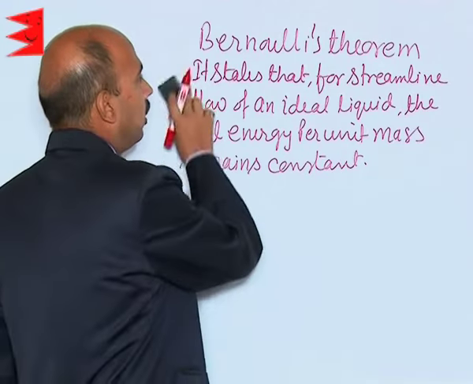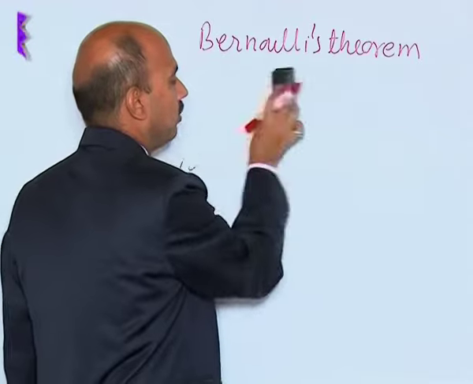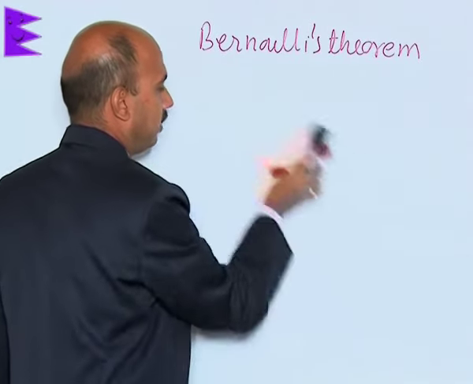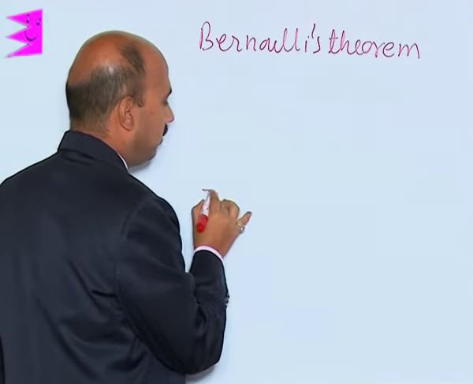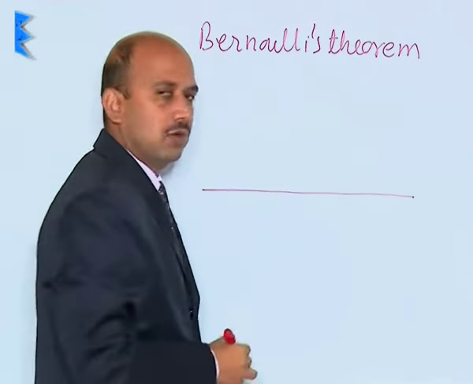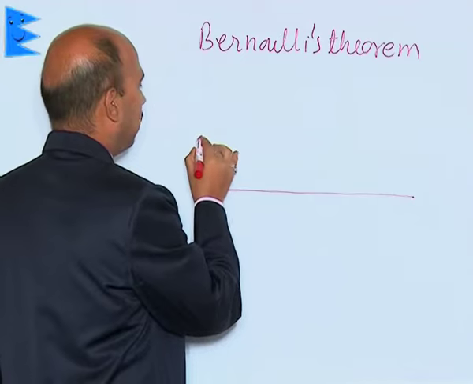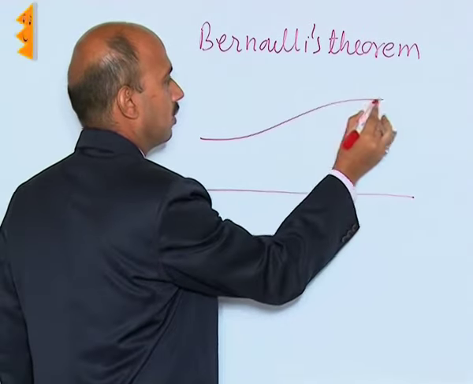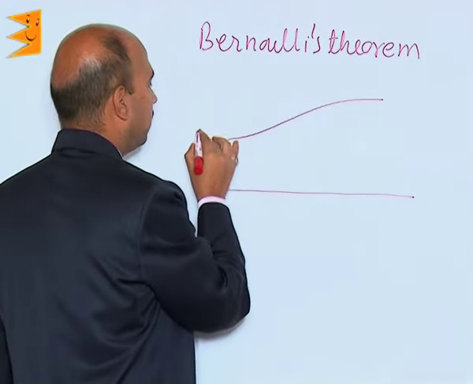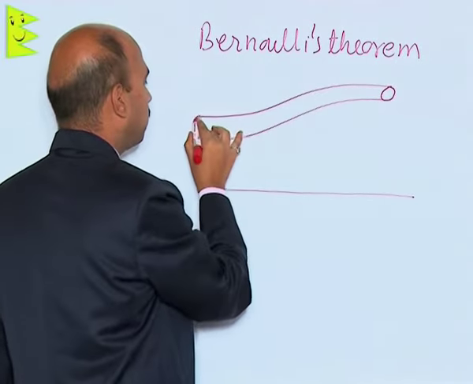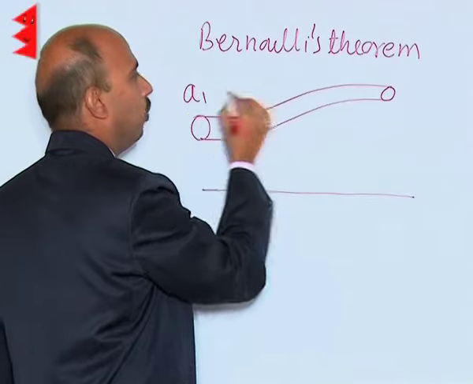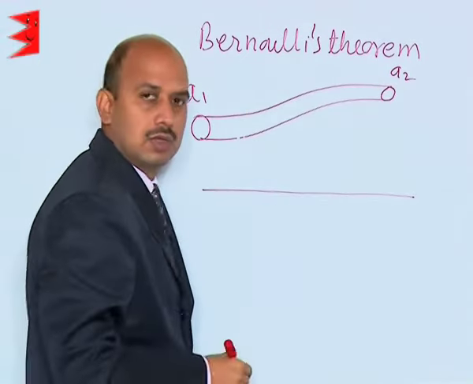Now see here, how do we prove this Bernoulli's theorem? For that, suppose you have taken, this is a ground level here and there is a tube like this, and in this case these are the two areas of cross section A1 and A2.